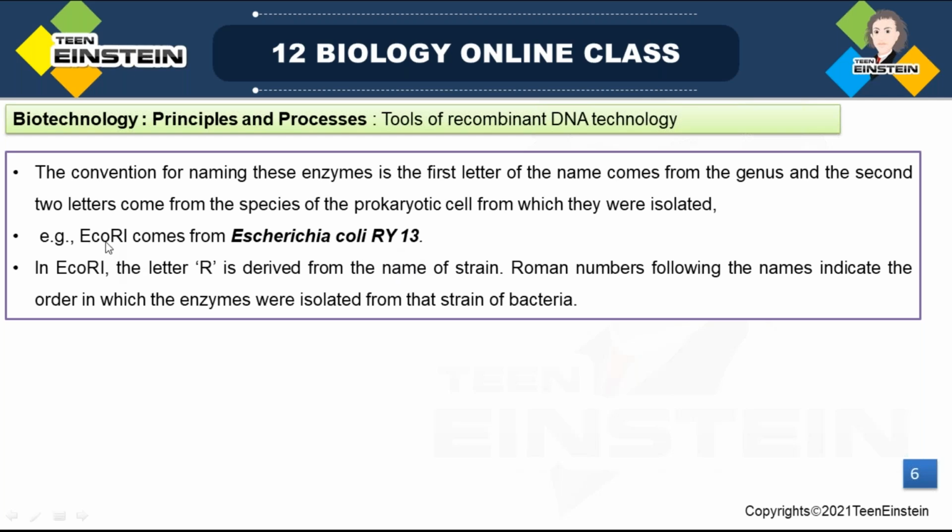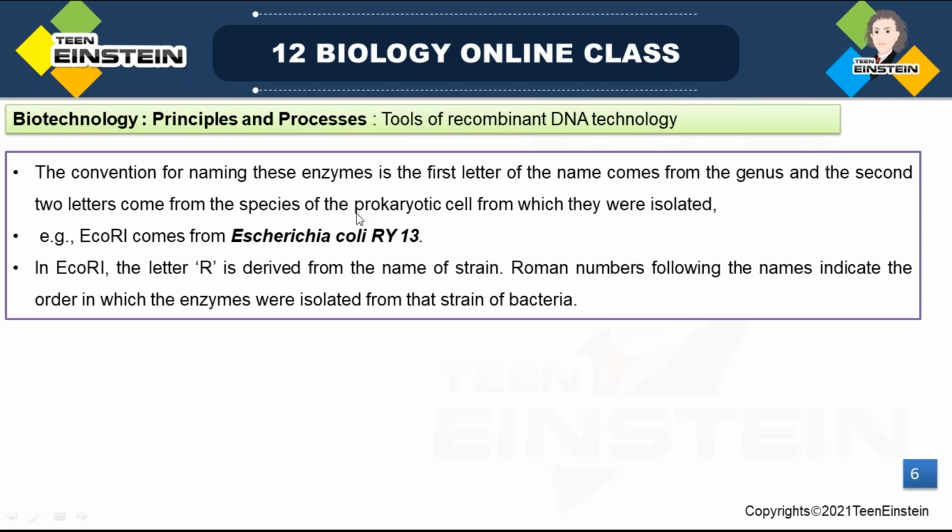In EcoRI, you can see the letter R is from the strain name, and the Roman number is the order in which that enzyme was isolated from that strain.